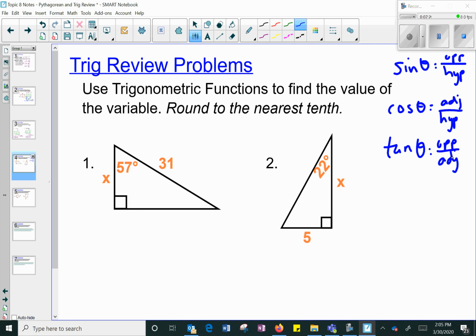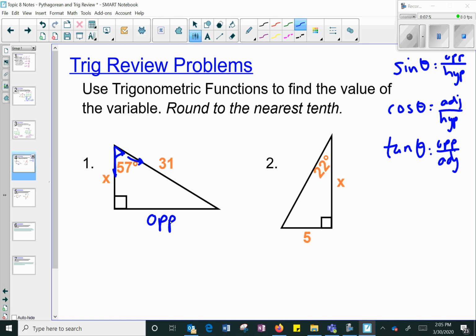So the first thing is identify your angle, or your theta. In this case, we have this 57 right here. That's going to be our theta. Across from that would be the opposite side over here, but we don't have a value over there, so we're not going to worry about that. The other sides we have to worry about are the adjacent and the hypotenuse.